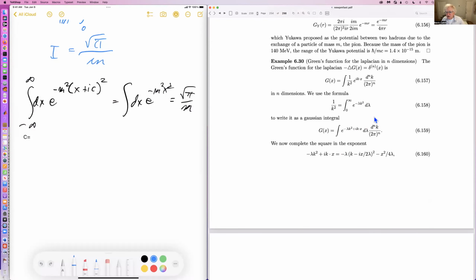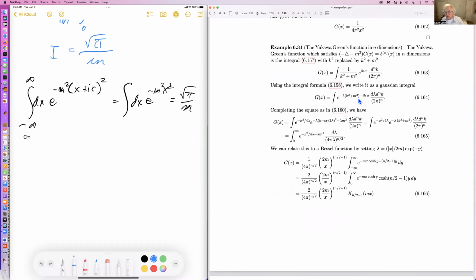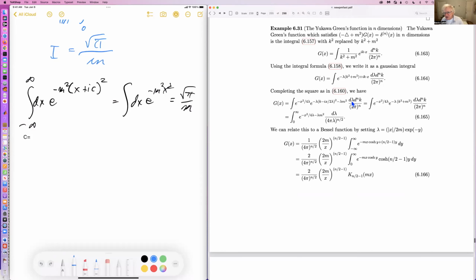In other words, we're using this expression to write it as a d^n k, as a d lambda integral. In other words, we get the k squared plus m squared as that.